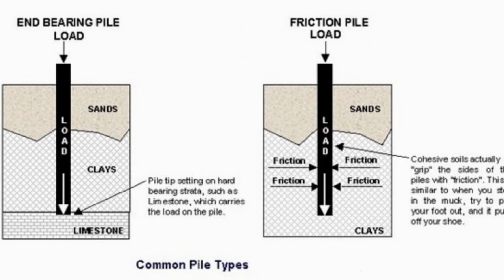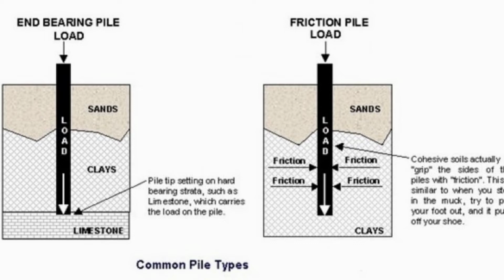End bearing piles. In this type of pile, the loads pass through the lower tip of the pile. The bottom end of the pile rests on a strong layer of soil or rock. Usually the pile rests at the transition layer between a weak and a strong layer.